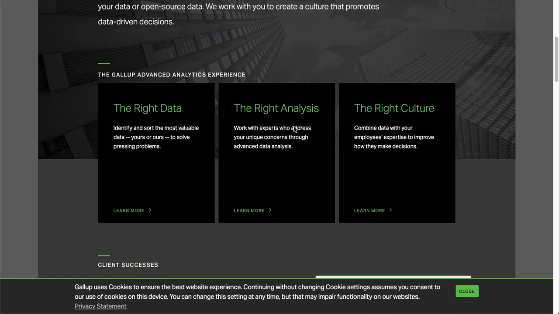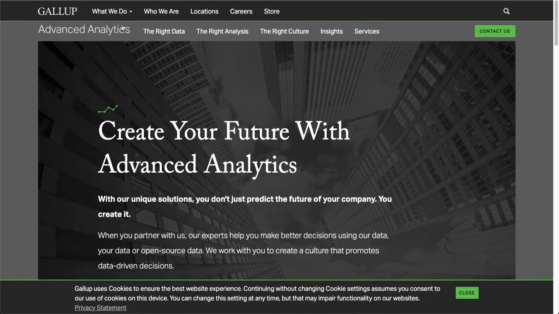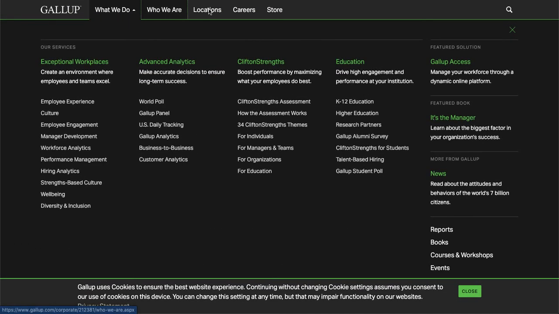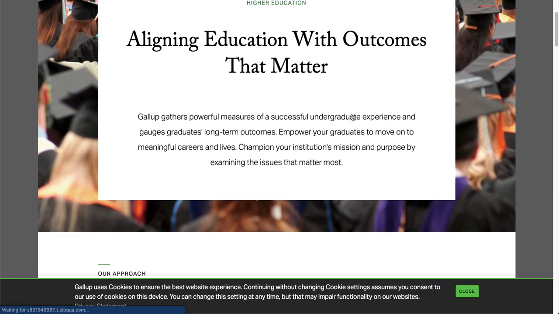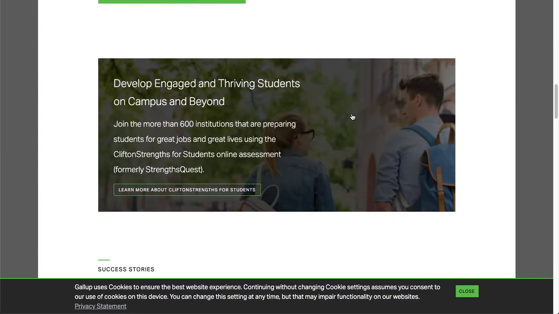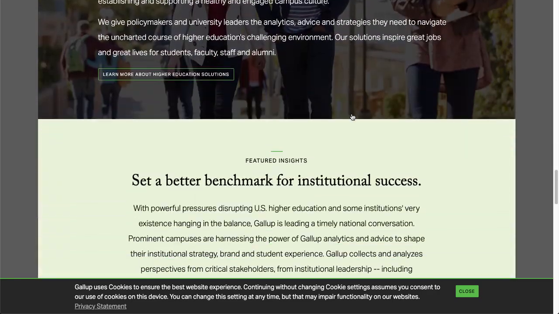Let's see if I can find it. Do you need an account to access things now? They used to have, let's click on some education stuff, see if they have it in there. Wow, they've really changed. They really locked things up.